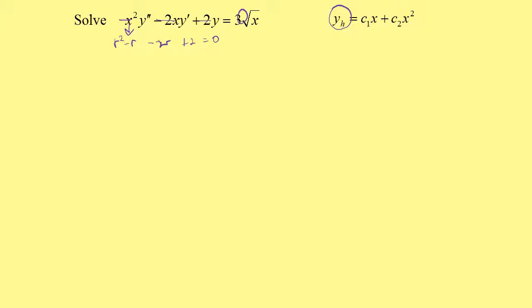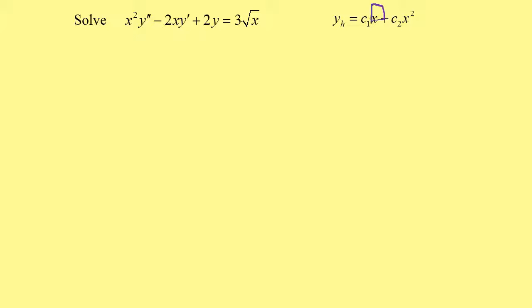And the indicial equation then would be r squared minus 3r plus 2 equals 0, which, as we know, would factor into r minus 1 and r minus 2, which gives r equals 1 and r equals 2, which tells us that our homogeneous solution would be some constant x to the 1 plus some constant x to the 2, which is what they gave us right here. Now, anyway, you're not asked to solve that.